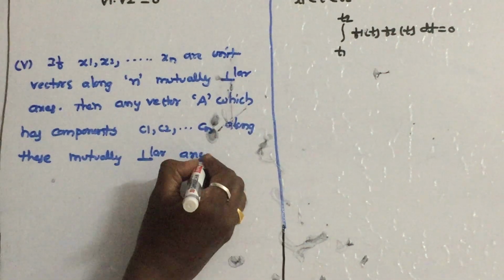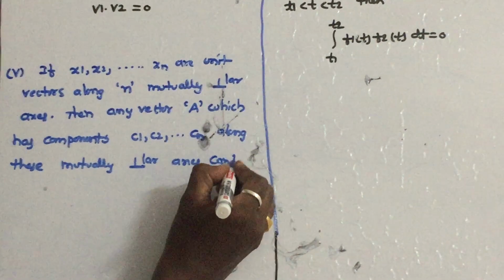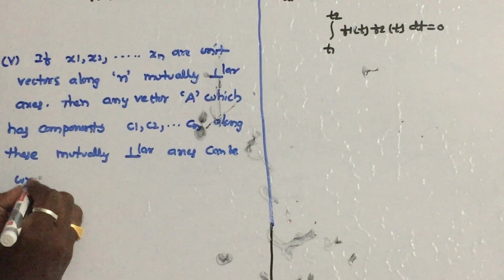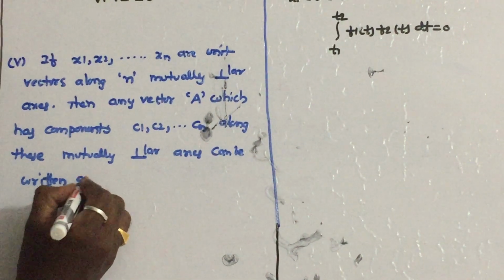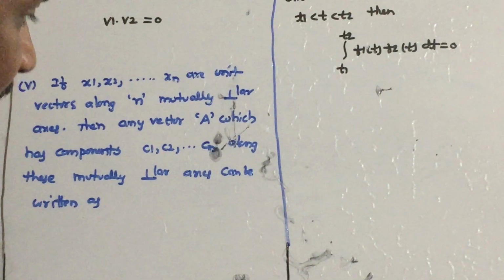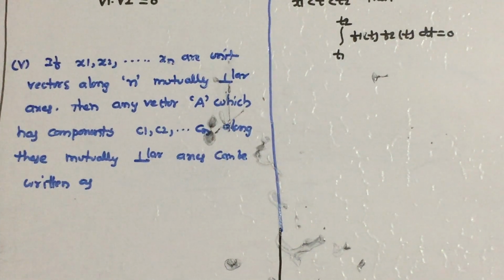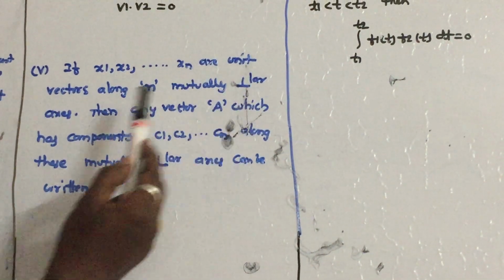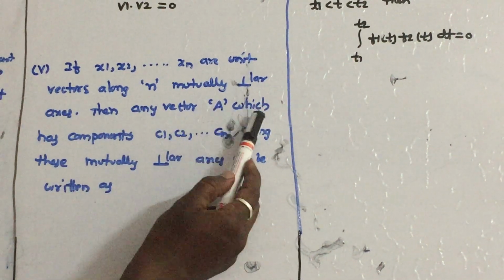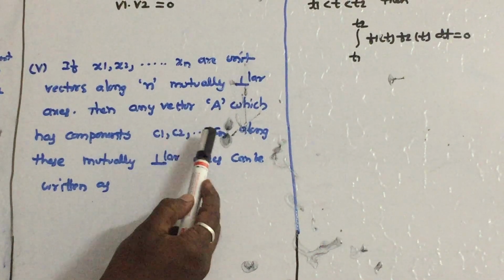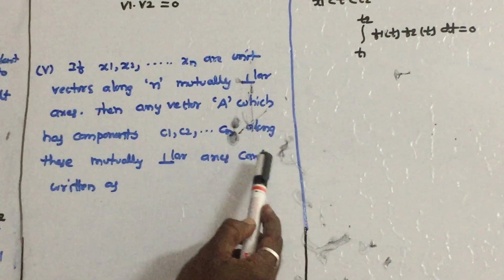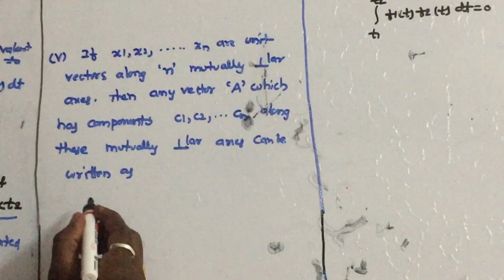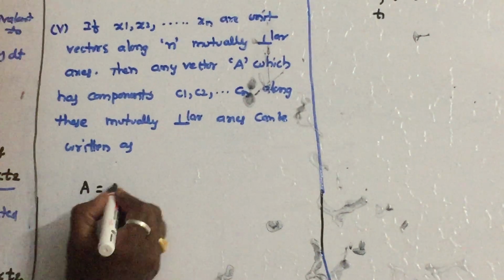all these points we have discussed, I am just summarizing all these points again. So if x1, x2, x3 so on are the unit vectors along n mutually perpendicular axes, then any vector A which has components C1, C2 so on Cn along these n mutually perpendicular axes can be written as, so how to write?